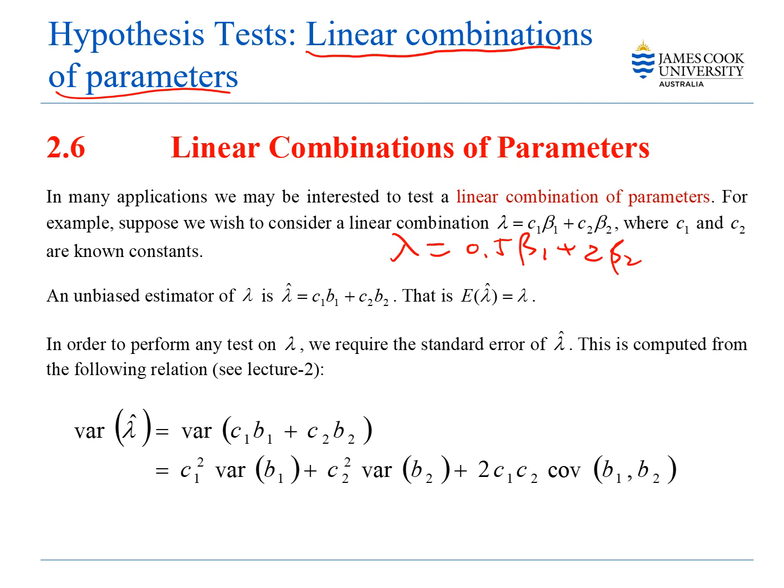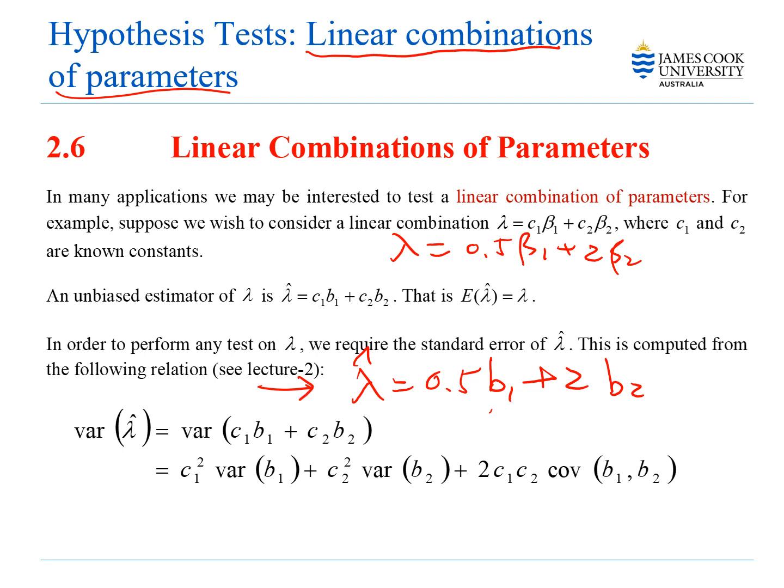Now a natural estimator, let's call it lambda hat, is 0.5 B1 plus 2 B2. Remember, B1 is the OLS estimator of beta 1, and B2 is the ordinary least squares estimator of beta 2.